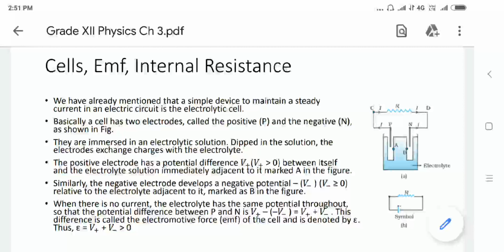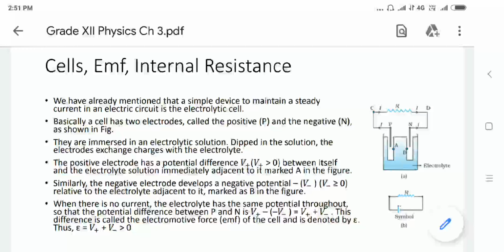Now assume that whatever resistor is connected between C and D is not available. For example, I repeat, we are assuming that between C and D, whatever resistor is shown, it is not available. So what will happen?